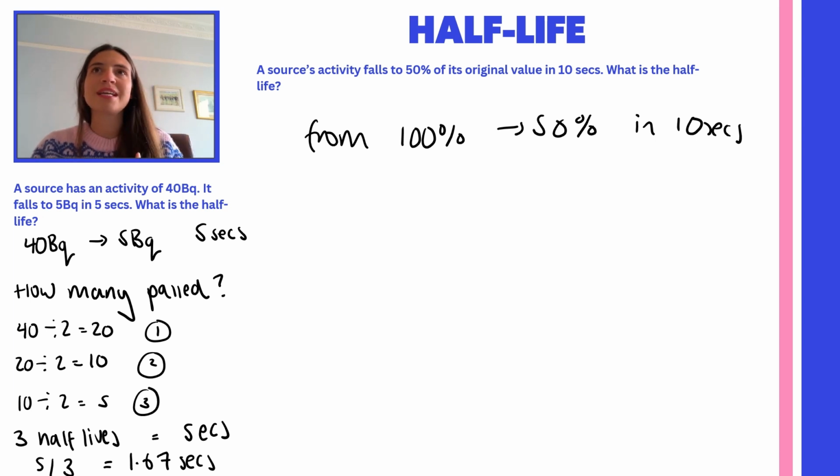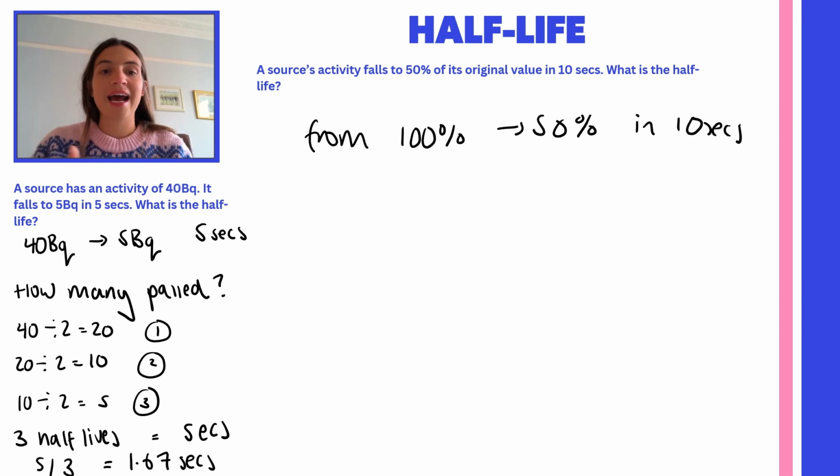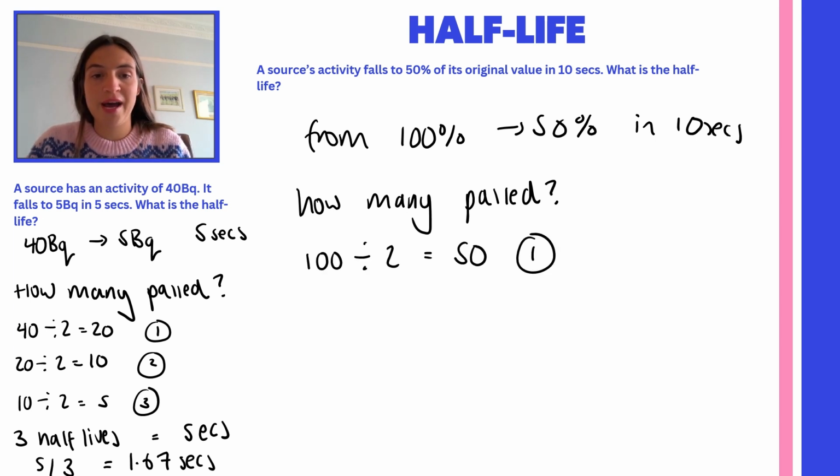And I haven't been given an initial and a final activity here. I've been given percentages. So the original activity of this is 100%, and that drops to 50% of its original value. So if I'm trying to figure out how many half-lives have passed, 100 divided by 2 already gives me 50.